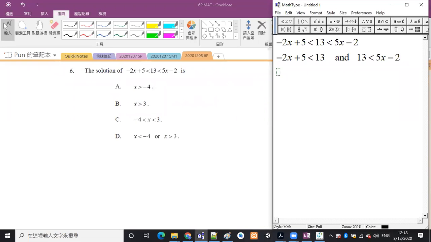Okay, and then we will do the inequalities separately. Negative 2x plus 5 less than 13 first. Okay, and then we will move the x term to the positive side like this, and then negative 8 is less than 2x and negative 4 is less than x, which means that x should be larger than negative 4.